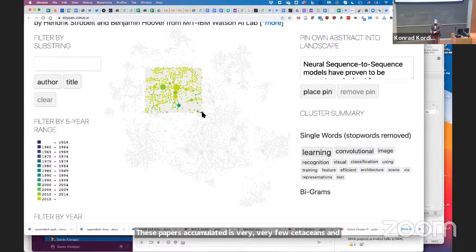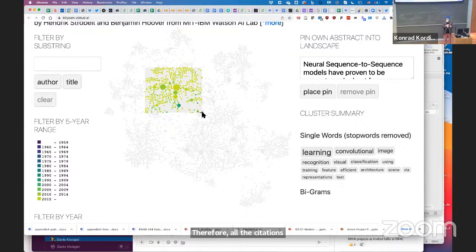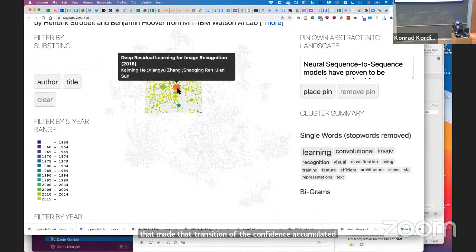And then deep learning happened with tens and hundreds of thousands of people on applications. So all of a sudden, the citations of all these papers went through the roof. That transition happened over roughly the last 8 to 10 years. Therefore, all those citations are new, and those papers that made that transition happen, the convnets, accumulated very large numbers of citations. Let's look at a few of them.